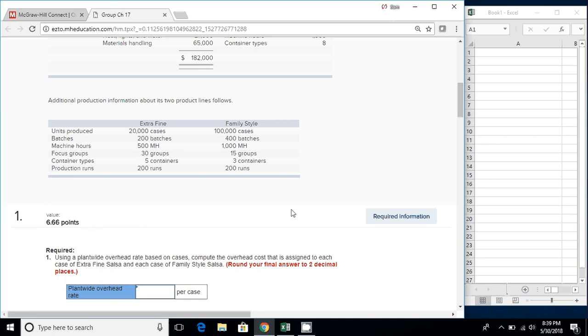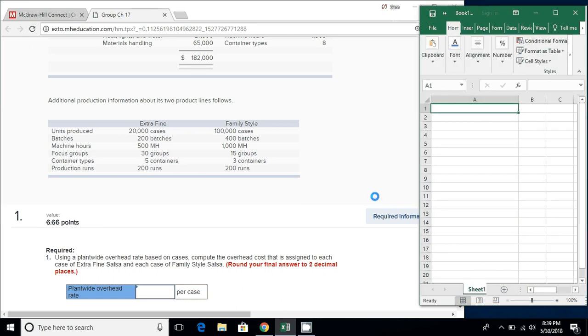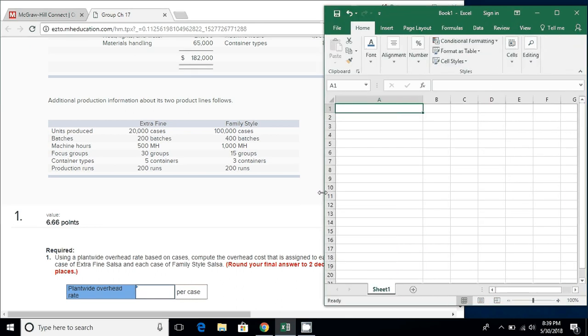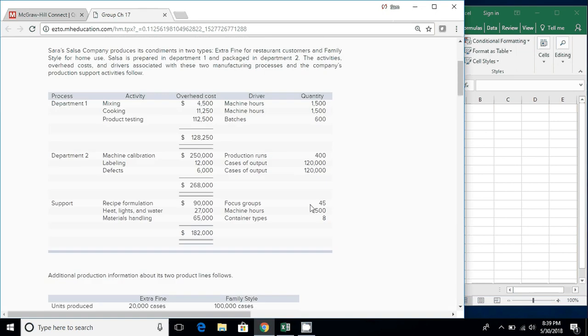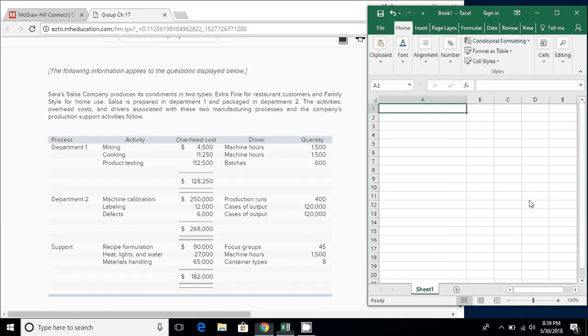And if you think about that, I've opened up Excel just so that we can at least see some of the calculations. Let me see if I can extend it out here just a little bit, just so you can see some of the math that gets involved in it. If we're looking at the plant-wide overhead rate, remember that we need to take all of the overhead cost and we need to divide it by some activity driver, right?